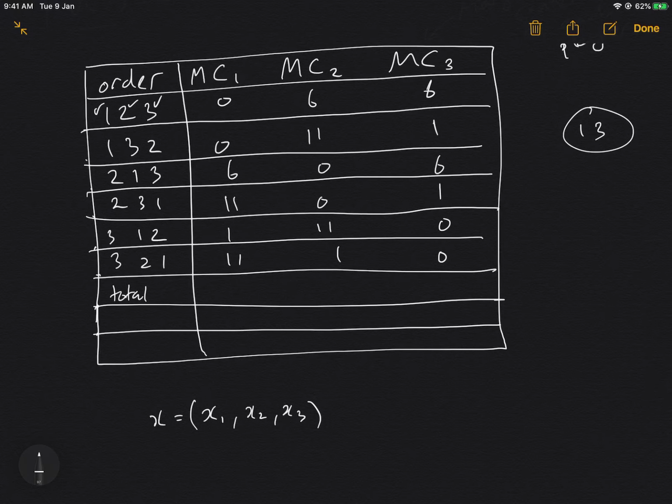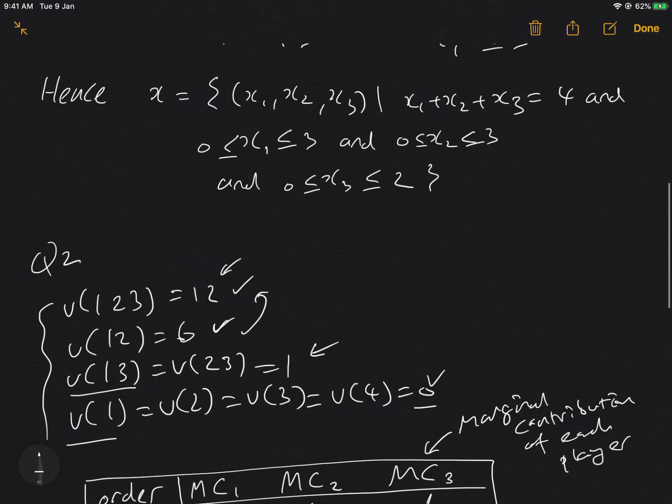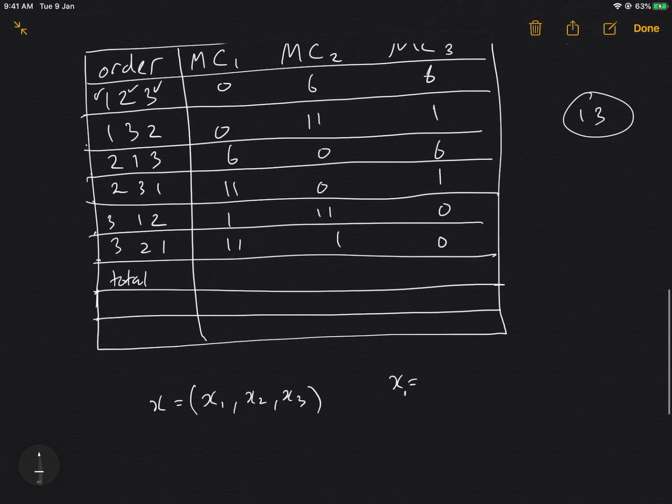So here's our approach. For example, player 1, how do you determine how much that player should get of 12? This is the answer we give.